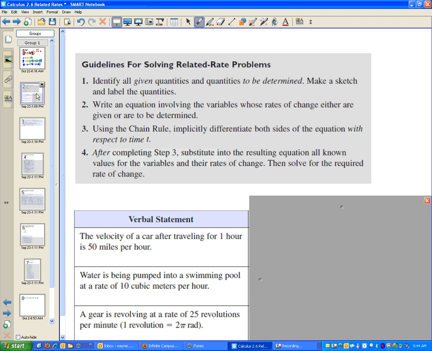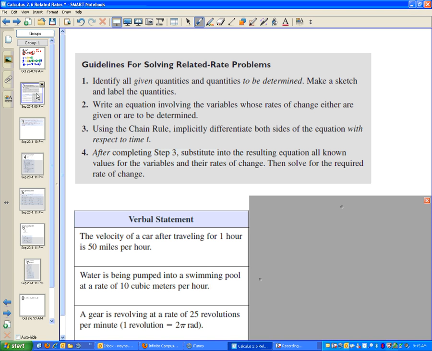But you got to figure out what you know and what you need to know, and write those as variables. If they give you radius, call it R. If it's a function of time, call it T. Make things make sense. So you need to know what you need to know. That's step one. Write an equation involving what you know and what you need to know.